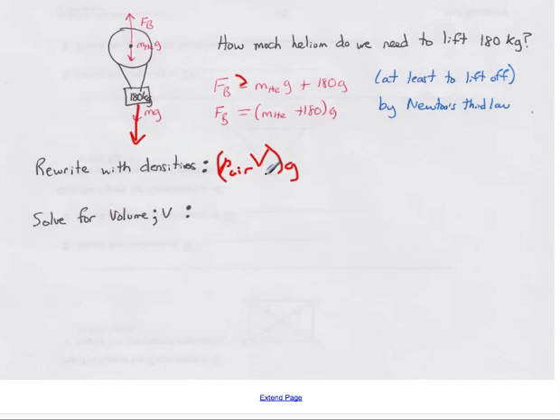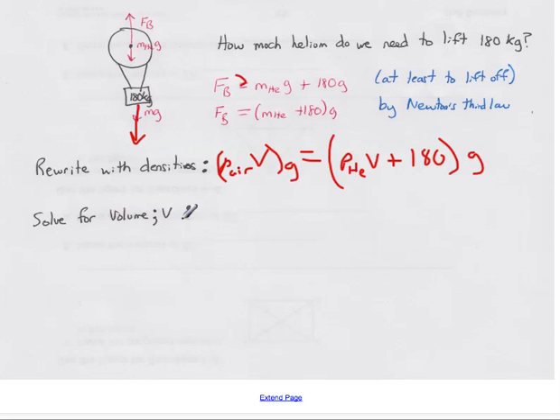It's like mg for the air. That makes sense. And then over here in our parentheses we have helium, so we'll do density of helium times the volume of helium, plus just the 180, so I don't think we need to change anything, times our gravitational constant g.